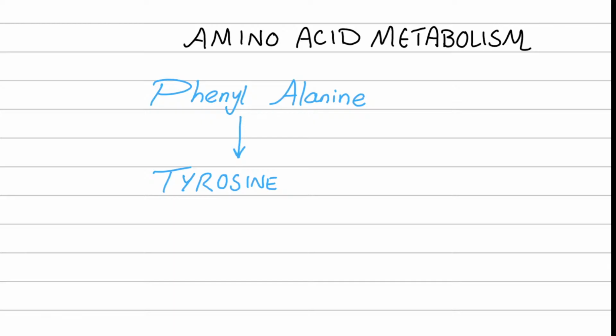This tyrosine will convert into dopa, then dopamine, then norepinephrine, and so on. You would be right, but that's not what we're here to talk about. We're here to discuss what happens with this tyrosine molecule if it does not convert into dopamine and all your other catecholamines.